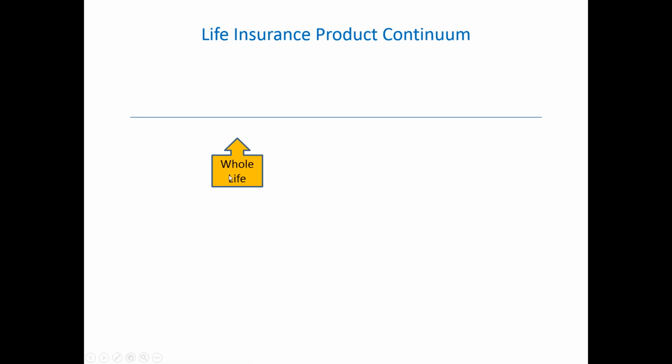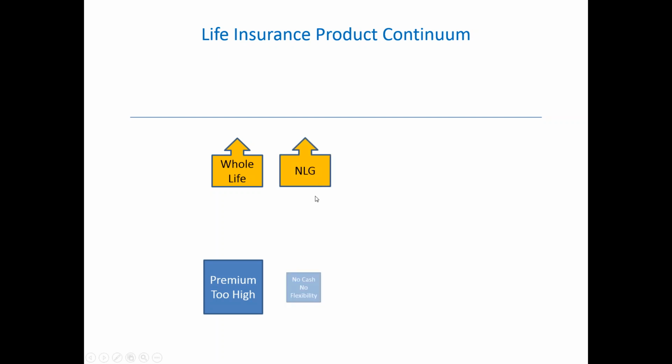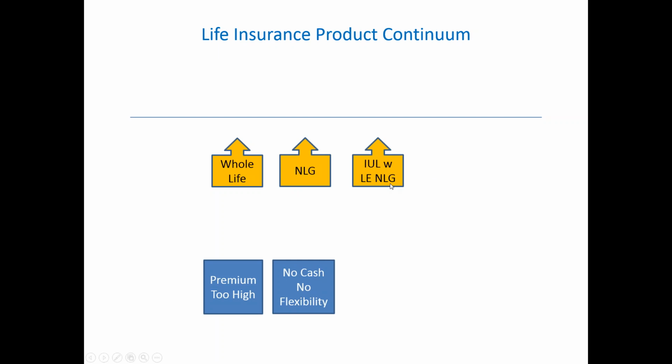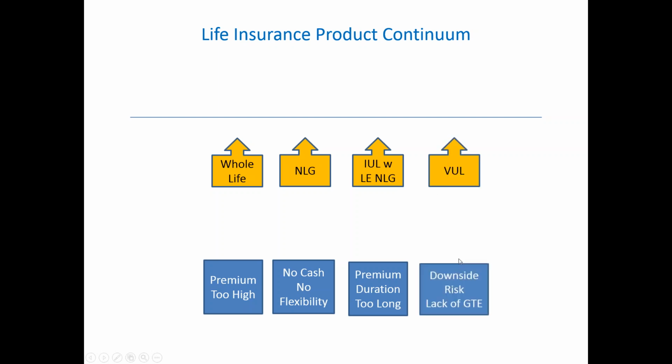So if you think about how this plays in terms of the continuum of products, whole life, if there's a knock to whole life, what is it? The premium's too high. If there's a knock to no lapse guarantee, what is it? No cash, no flexibility. Criticism of IUL with a life expectancy based no lapse guarantee, the criticism would be what? Well, I got to pay the premium forever. VUL, what's the knock?